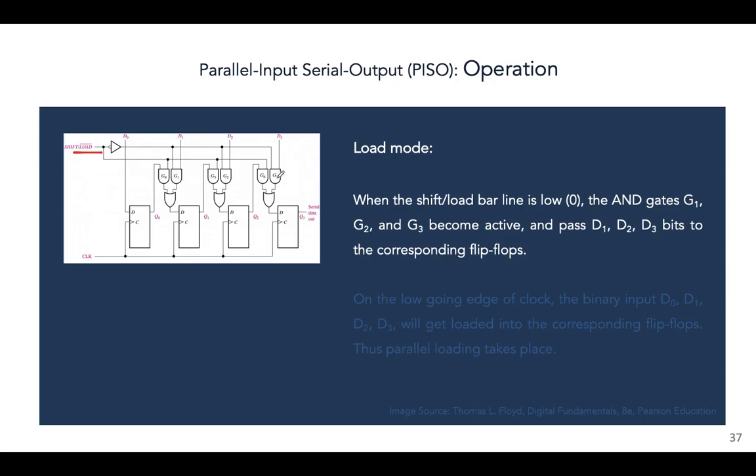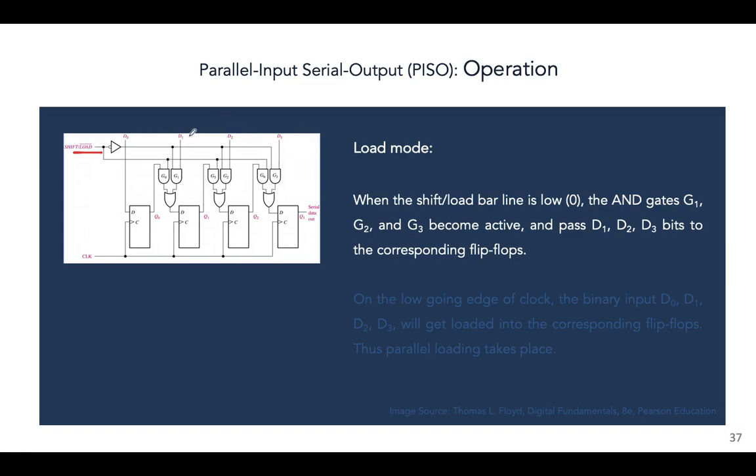What that means is that they behave like open circuits. So they let whatever input they have become the output. They let it pass through them, like open circuits. So when G1, G2 and G3 are behaving like open circuits, they pass D1, D2 and D3.